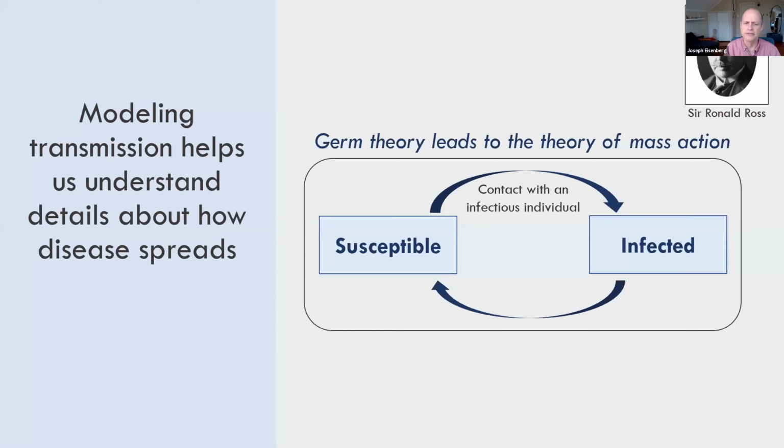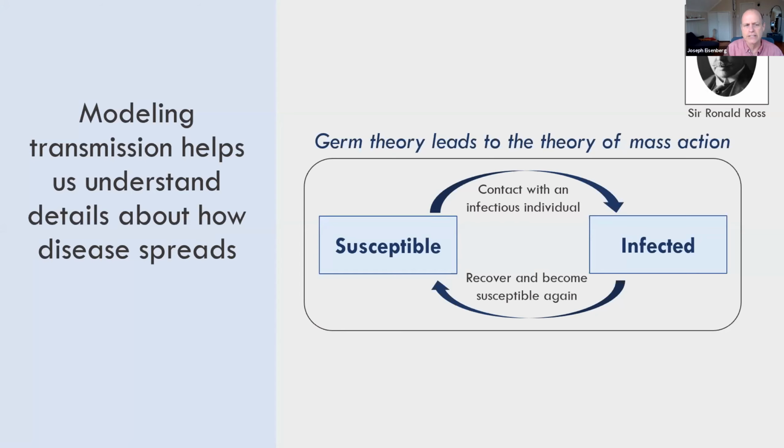So an infected person contacts a susceptible person, that susceptible person becomes infected. That's the basic framing of this. And in this model, we call this an SIS model, the person that's infected recovers and becomes susceptible again.